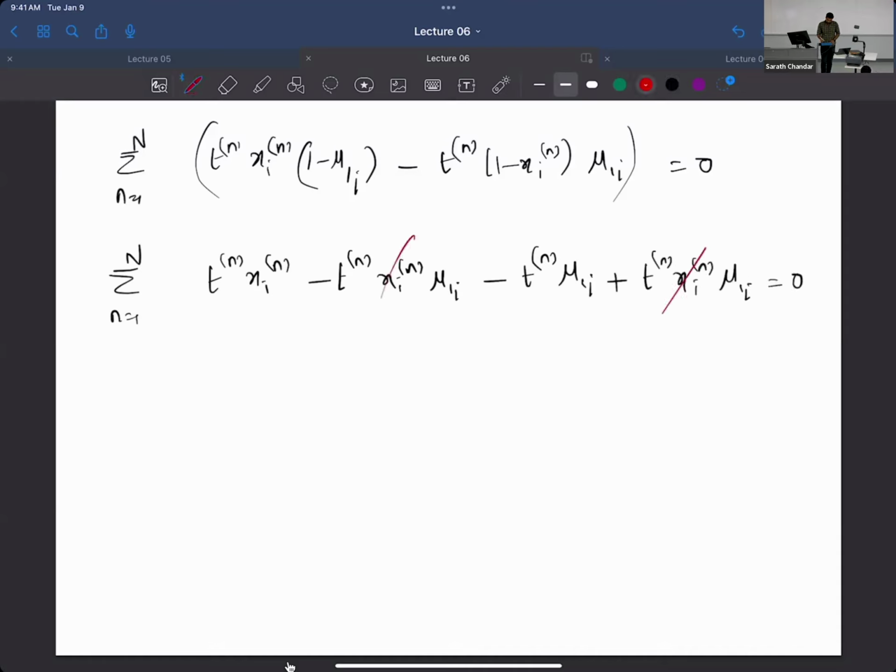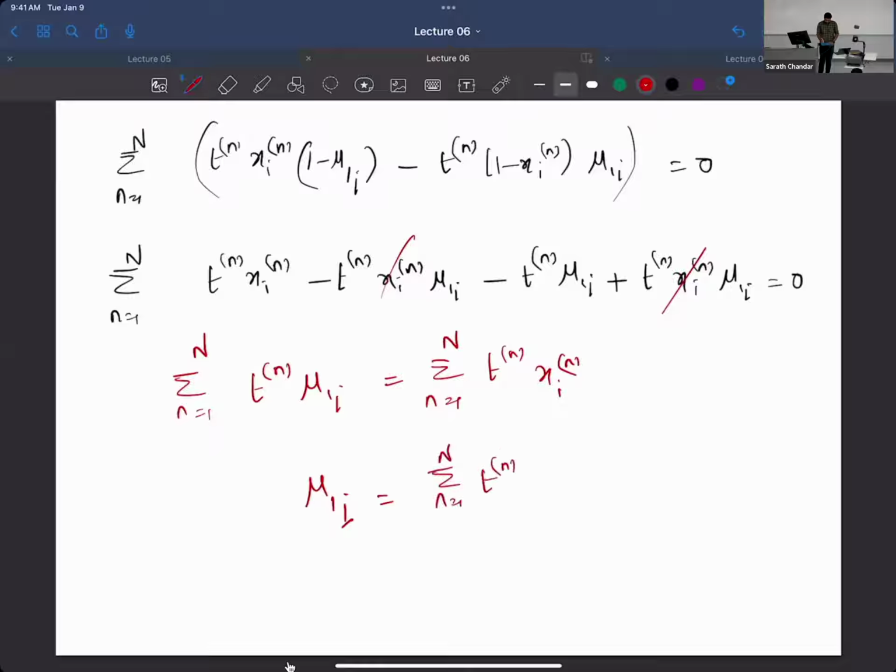You can cancel these two terms. So this becomes summation of Tn mu 1i is equal to summation of Tn xin. And we are looking for mu 1i, so mu 1i is given by summation n is equal to 1 to capital N Tn xin divided by summation n is equal to 1 to capital N Tn.